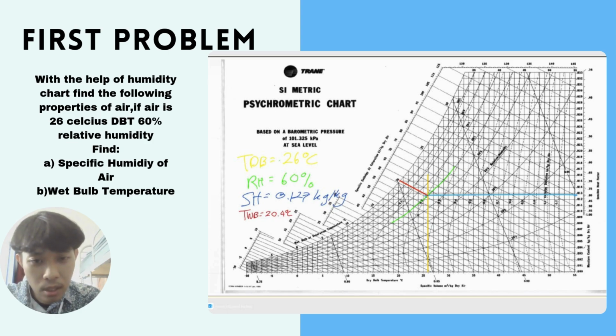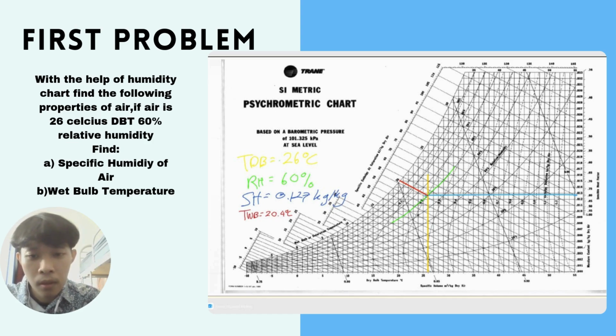The yellow line is temperature dry bulb in the chart and the green line is 60% relative humidity. At the point that inclines with those two lines, you make a vertical line toward the right to obtain the value of specific humidity of air. As you can see, the blue line is the line and the value obtained is 0.127 kg per kg.